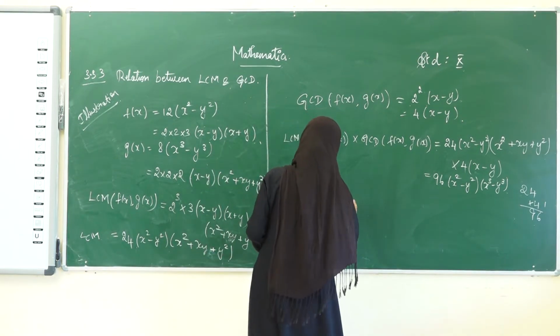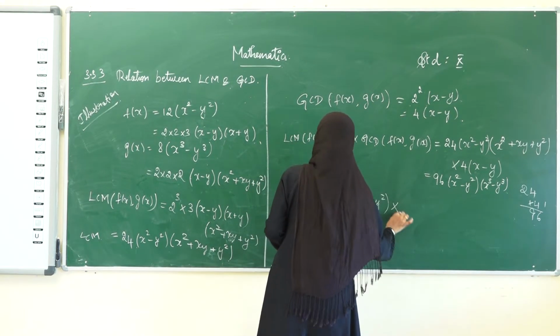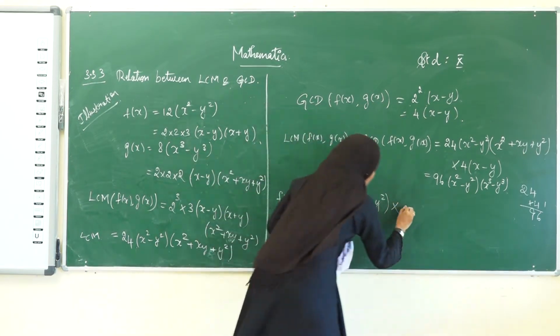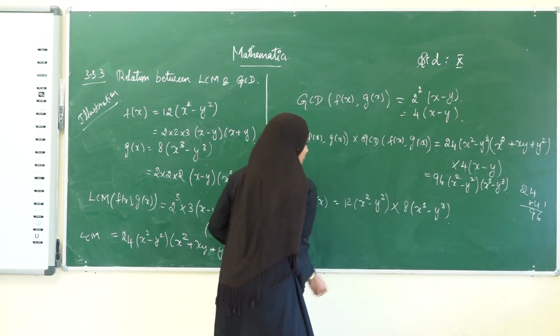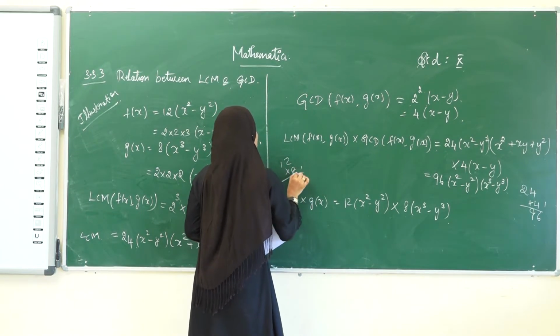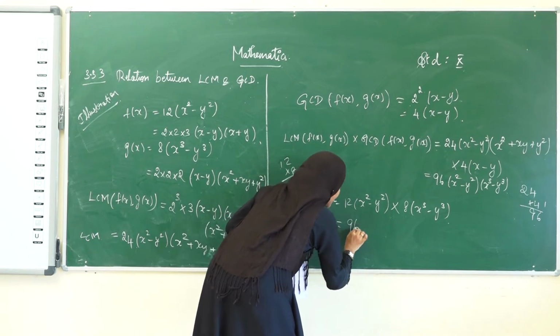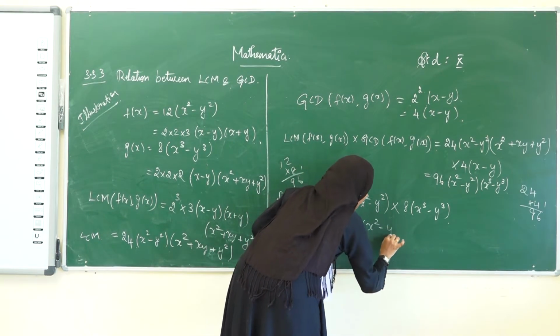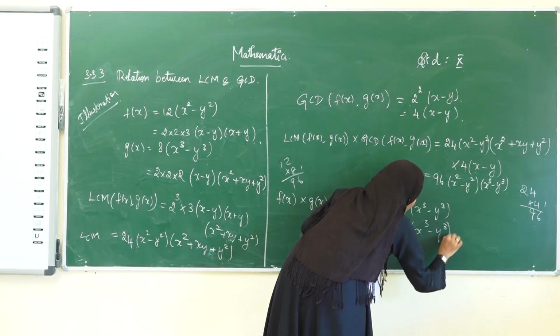f of x is 12 into x square minus y square, and g of x is 8 into x cube minus y cube. Multiplying these terms, 12 into 8 is 96. Therefore 96 into x square minus y square into x cube minus y cube.